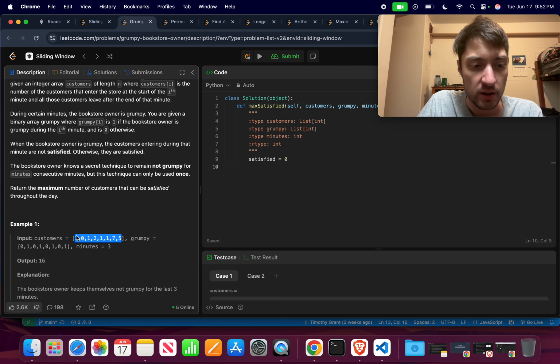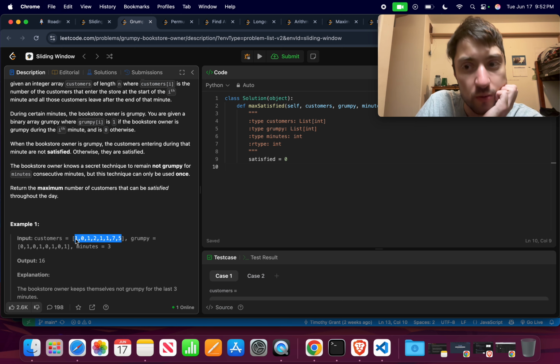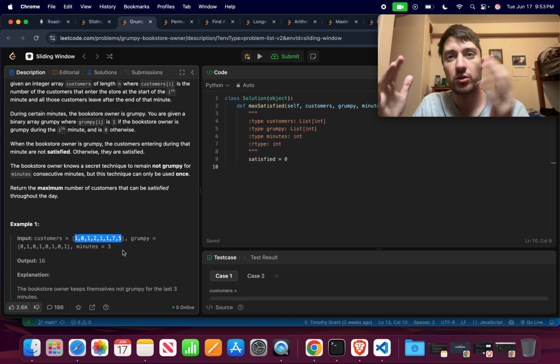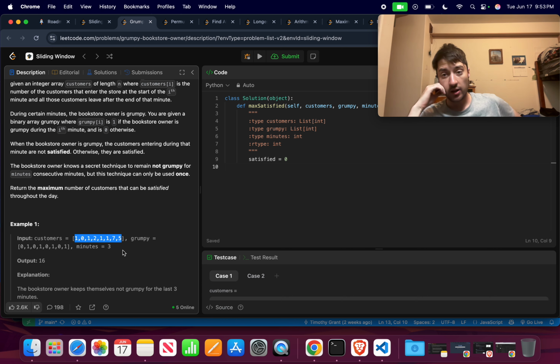I just do if not this one, right? If it's a 0, then I add this number to my running sum. And so then I calculate all of the sums, or that one sum.